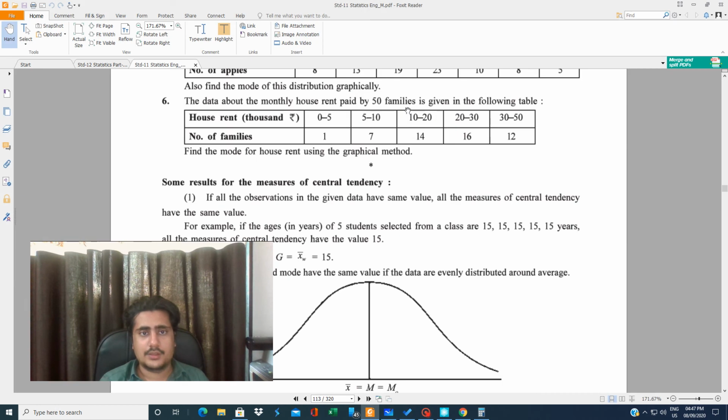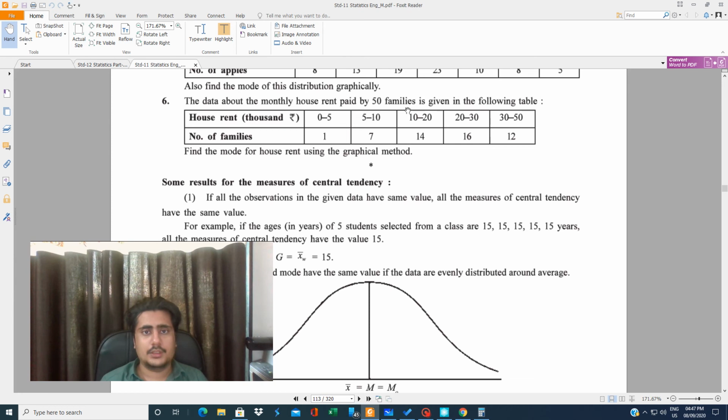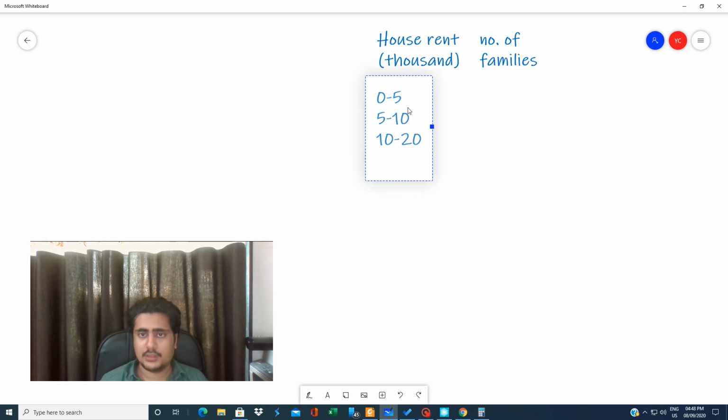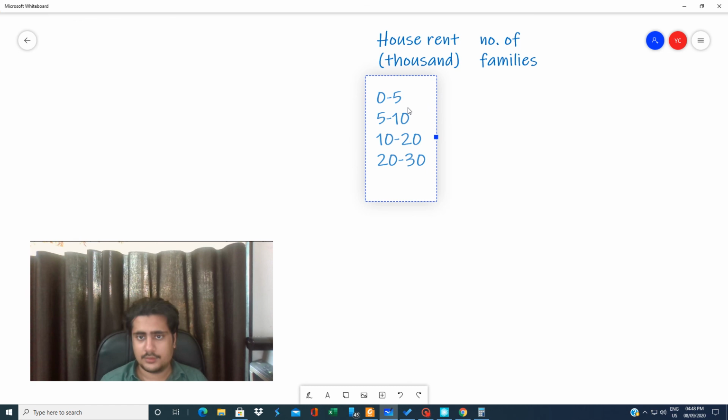What is this house rent? 0 to 5, 5 to 10, then 10 to 20, 20 to 30, 30 to 50.